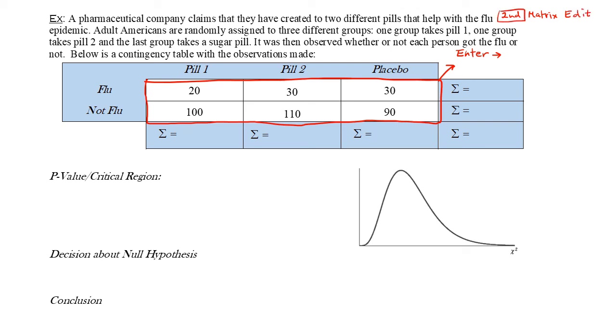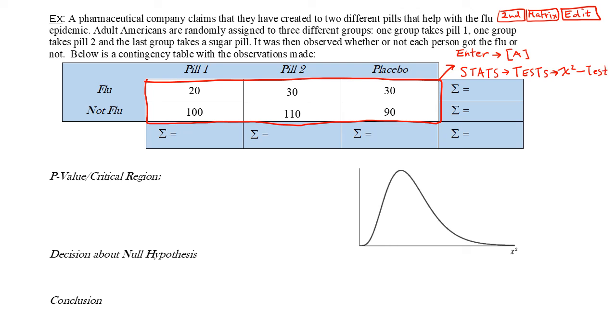From there you can choose which matrix. We're going to enter the values into matrix A. And then once we do that, we can go to stats, tests, and bring up the chi-squared test.